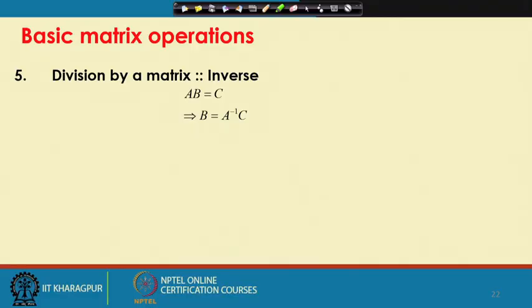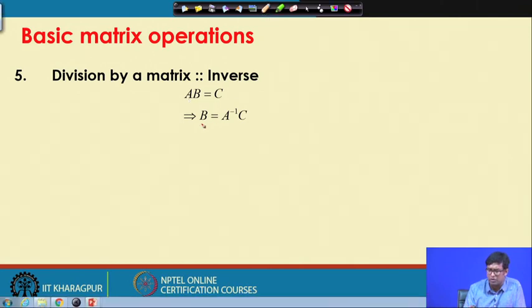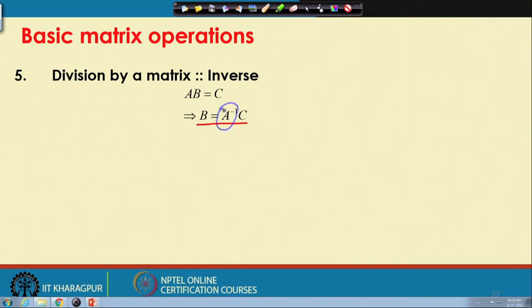For example, if I have A B is equal to C, ideally A and B are multiplied to get C. So, if I divide C by A, I should get back B, and this is written as B is equal to A inverse C. So, division is not directly allowed in matrix algebra. However, this can be achieved in certain cases by multiplying a matrix with inverse of the matrix which is actually supposed to divide.